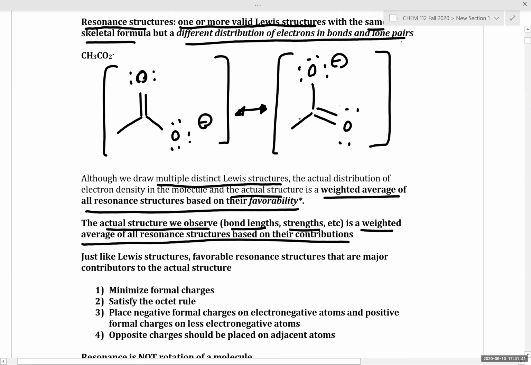These resonance pictures are just that, pictures that can help us visualize potential ways that we can distribute electron density. None of these resonance structures are fully descriptive of our actual molecule.